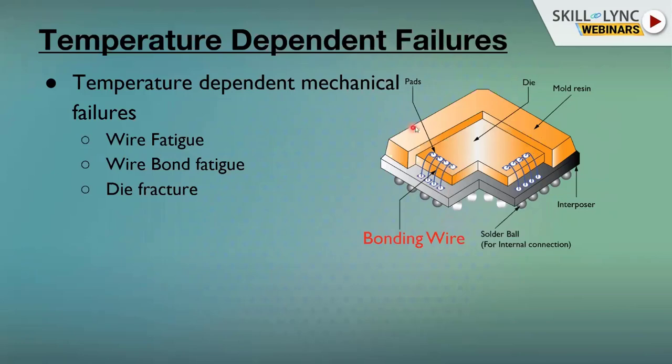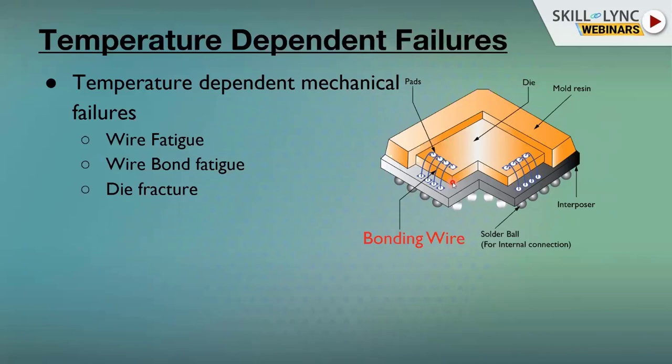In a similar way, we have die fracture. You can see there are sharp corners here in the die. The most important part of this component is the die. The die is made of silicon or germanium or arsenide, and the substrate is typically made of aluminium.